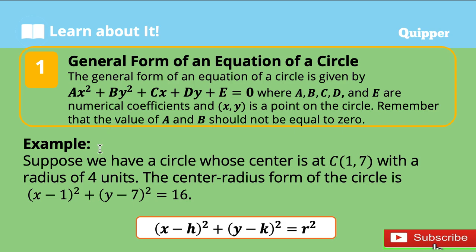For example, suppose we have a circle whose center is at 1, 7 with a radius of 4 units. The center radius form of this circle is x minus 1 squared plus y minus 7 squared is equal to 16 by following the center radius form of an equation of a circle, which is x minus h squared plus y minus k squared is equal to r squared.